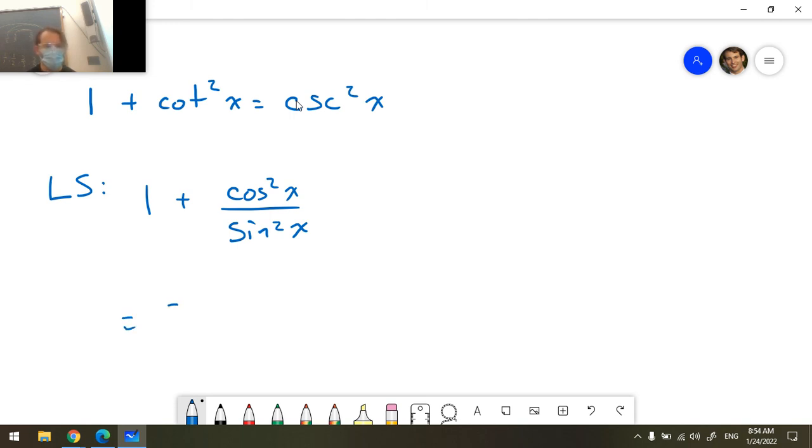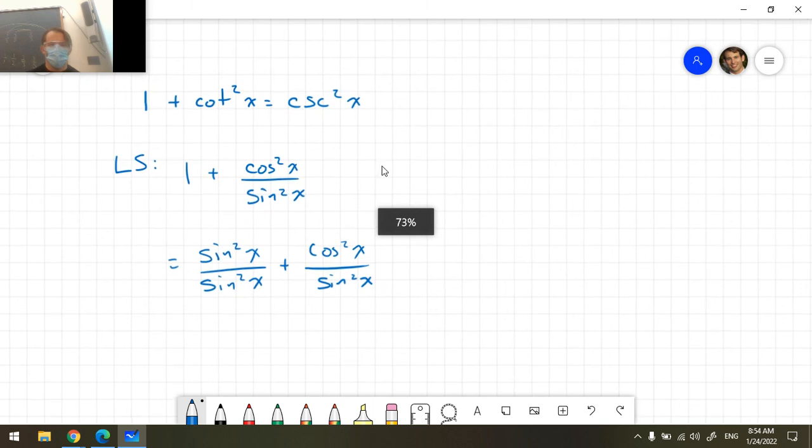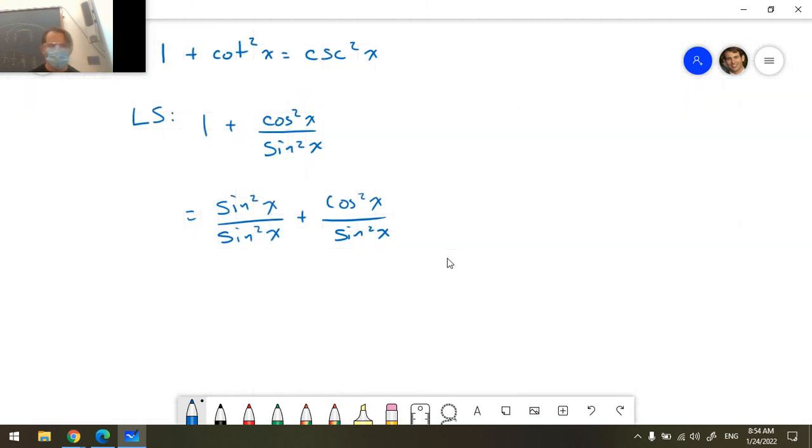So I'm going to have sine squared x over sine squared x. That's 1. Plus cosine squared x over sine squared x. Notice that sine squared x plus cosine squared x is what we're going to have on the top, and that's equal to 1. So we have this is equal to 1 over sine squared x.